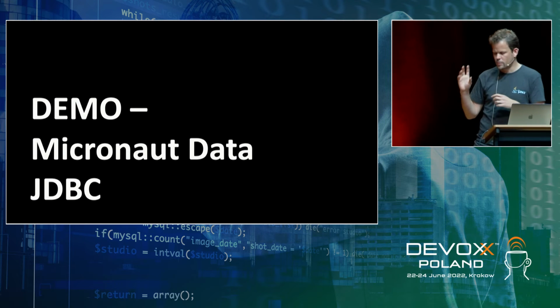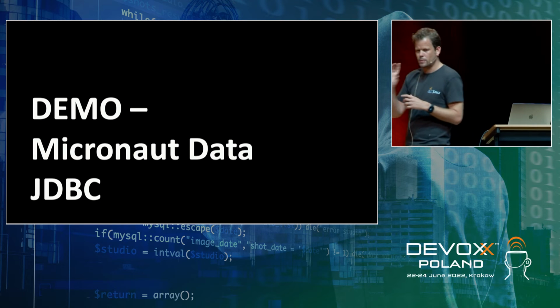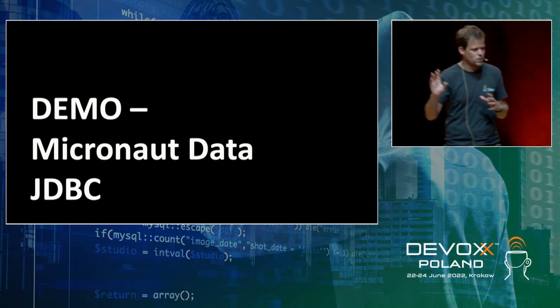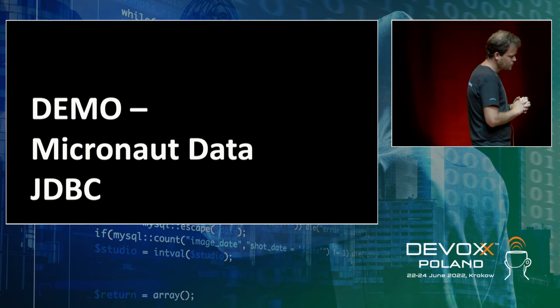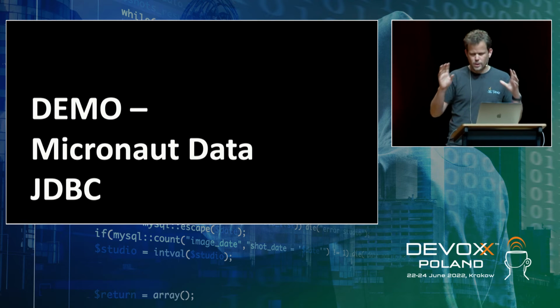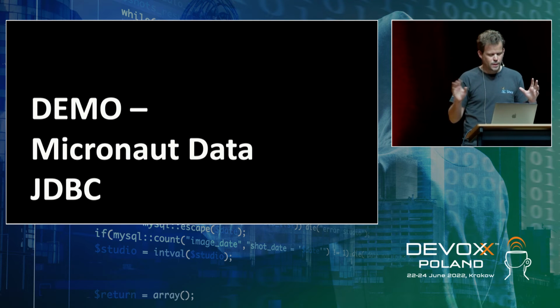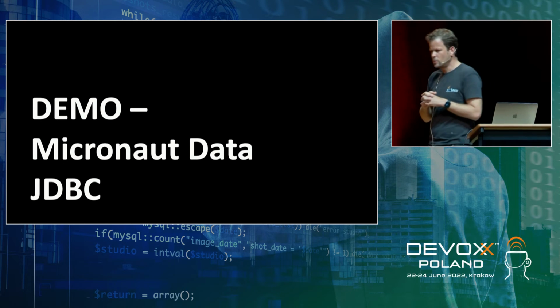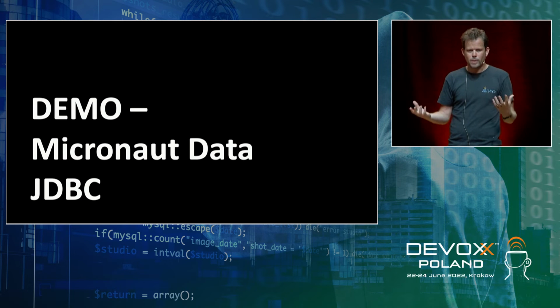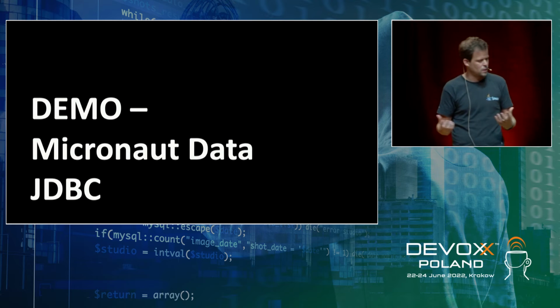Now I'm going to switch over to Micronaut Data JDBC. What is Micronaut Data JDBC? It's a pure JDBC implementation of Micronaut Data and the repository pattern. So we get all the same features that you get on top of JPA, except it's just a simple data mapper that just uses JDBC under the covers.